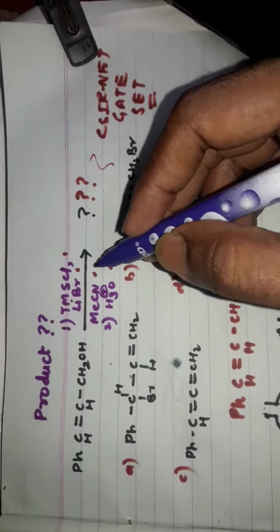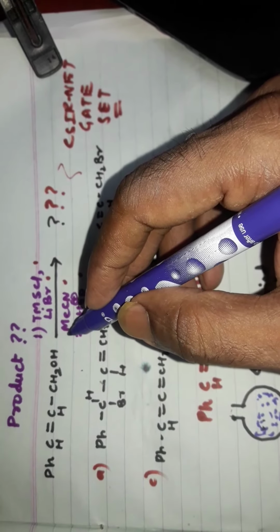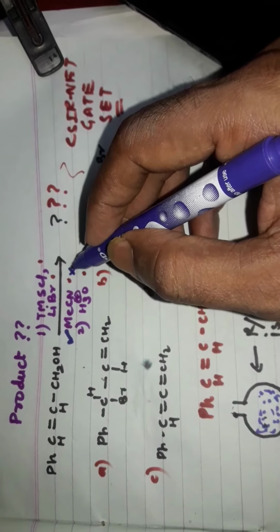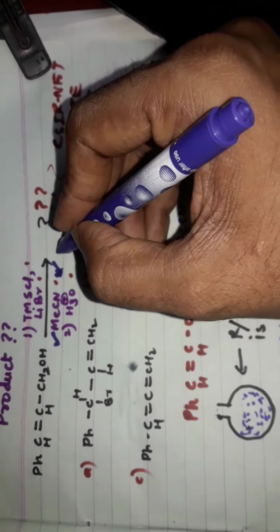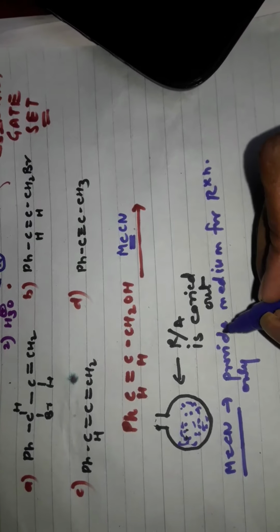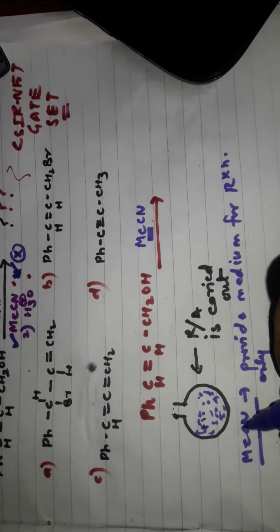So when students see this, they should remember that the function of this is only and only as a medium, so you can neglect it, because you should know that this acts as a solvent.